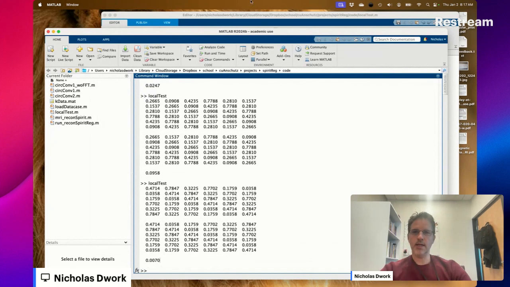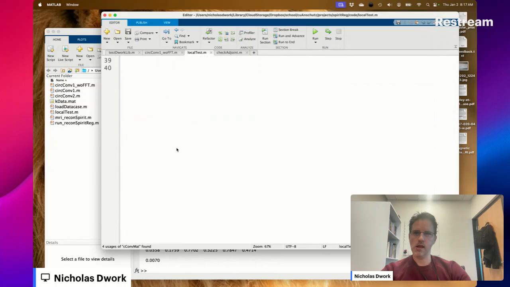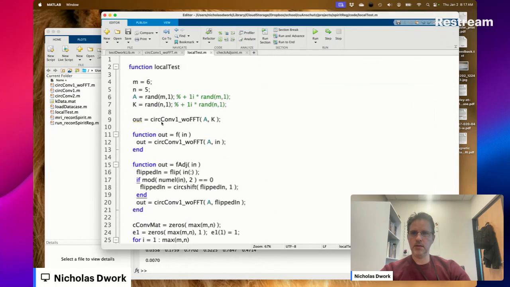Okay, it's not K that we need to make simple, but A. What happened to the rest of my function? There.